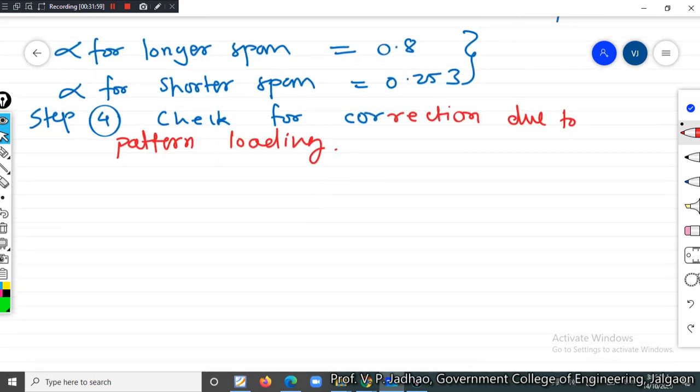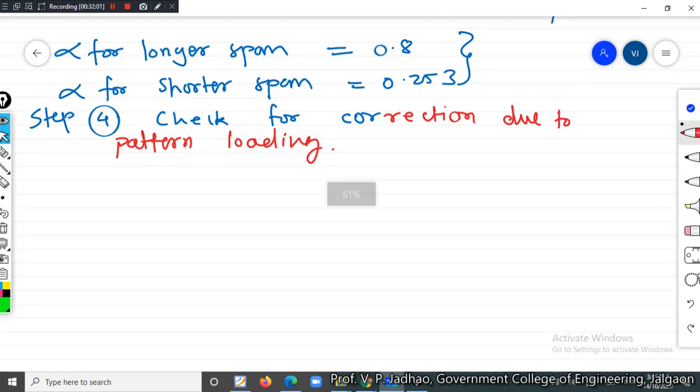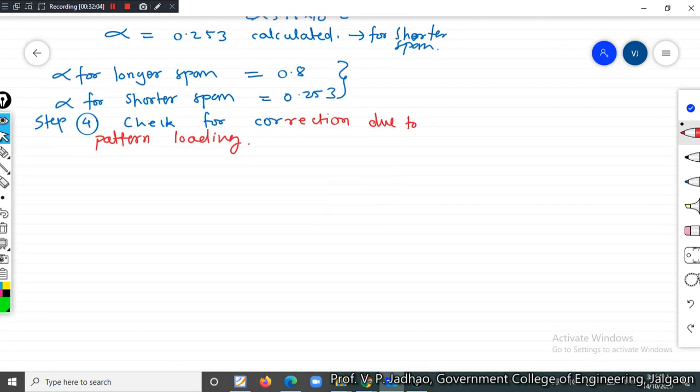Now when pattern loading occurs, if the ratio of live load to dead load is more than 0.5, then there can be a substantial rise in the moments, which leads to overstressing in the slab.